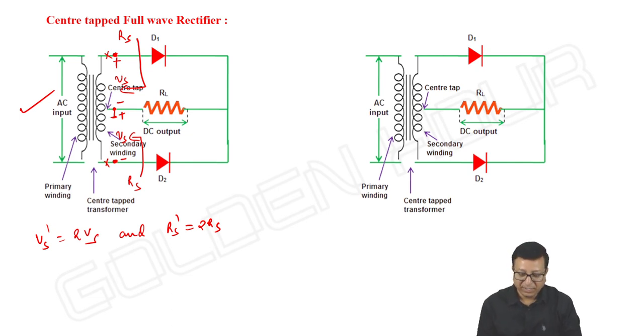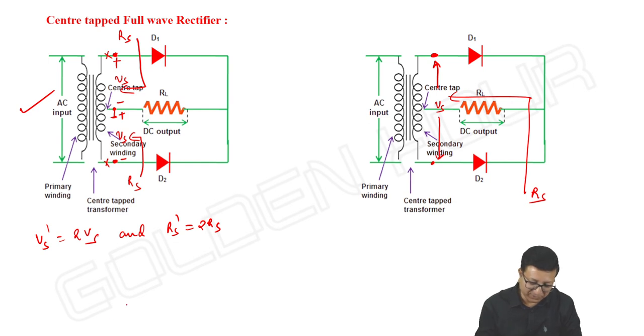And the second version: if I take the total voltage between the two ends of the secondary winding as Vs, and the total resistance looking into the secondary winding between these two ends as Rs, then between one end of the secondary winding and ground, the voltage will be Vs by 2, and the resistance will be Rs by 2.